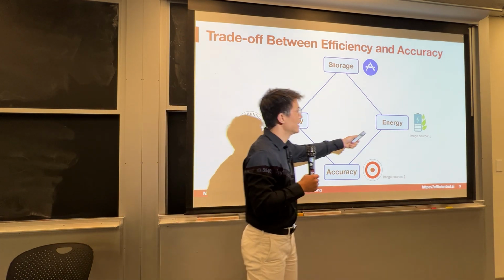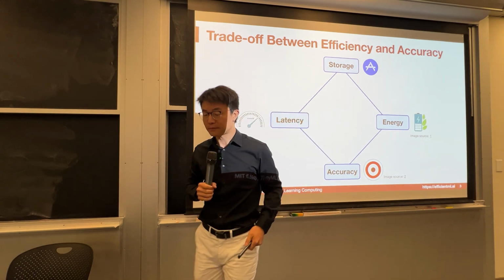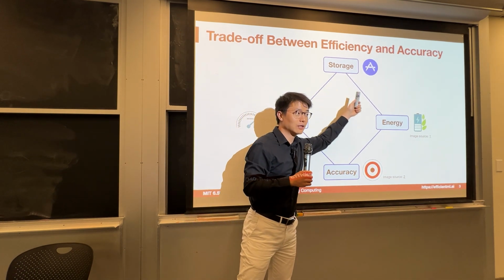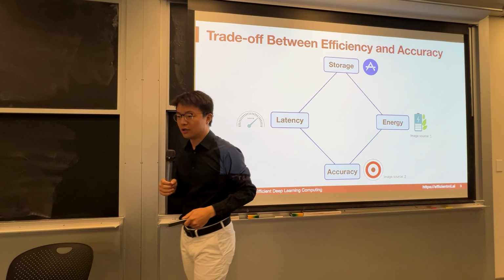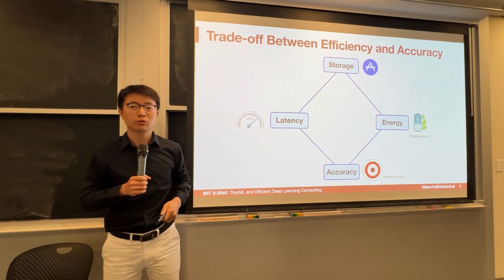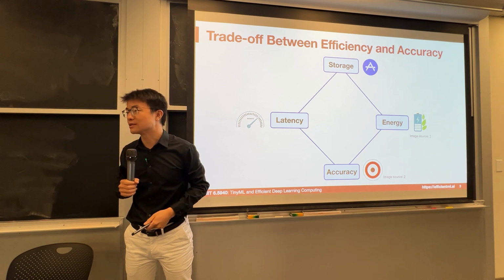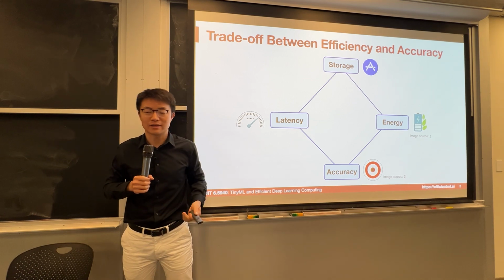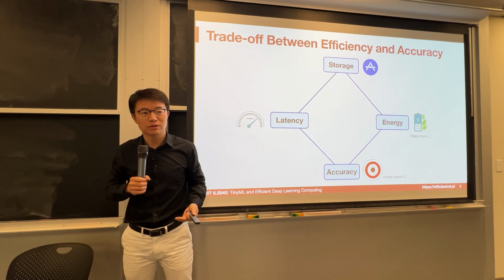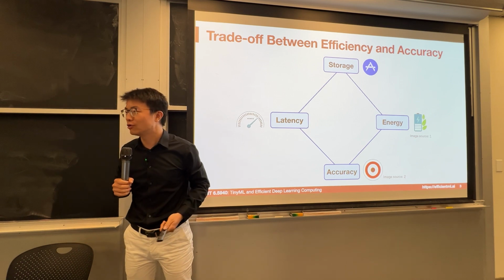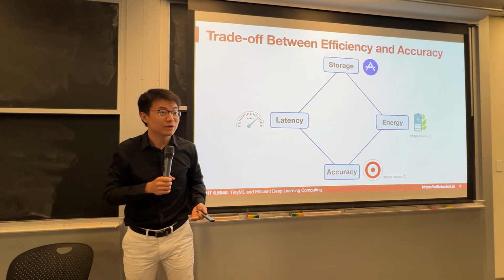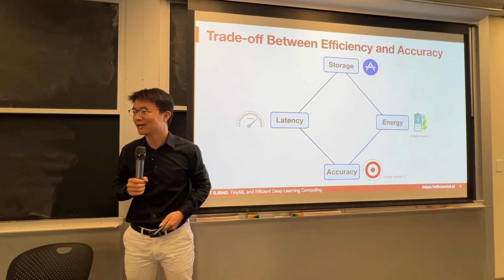So we want to make it energy efficient. And also storage. Many of you have a dream of entrepreneurship. You want to create your own app with AI capabilities inside, AI inside, right? Building those apps, you definitely don't want to throw a 175 billion parameter model in the App Store.